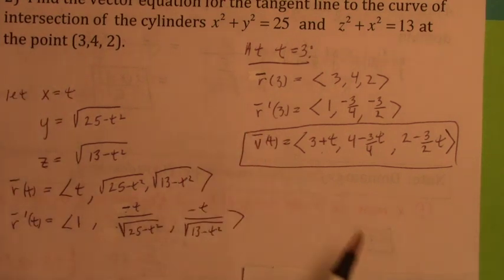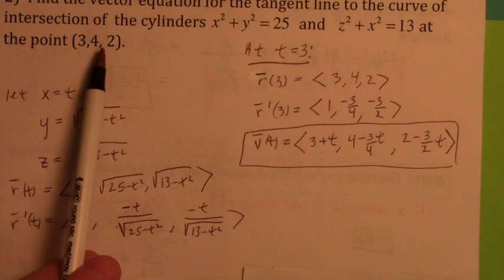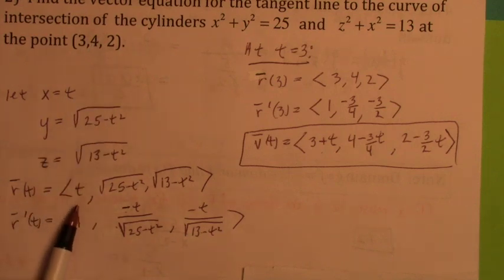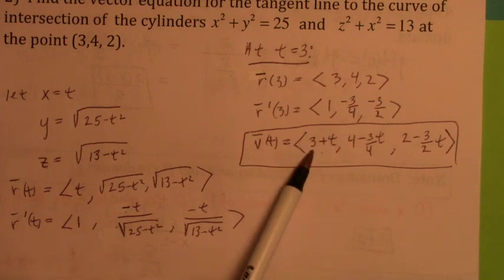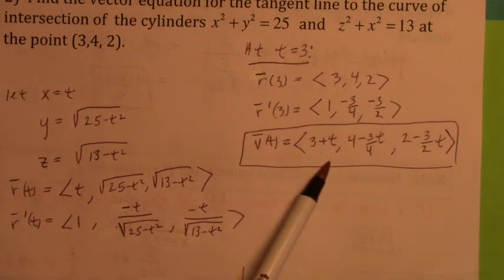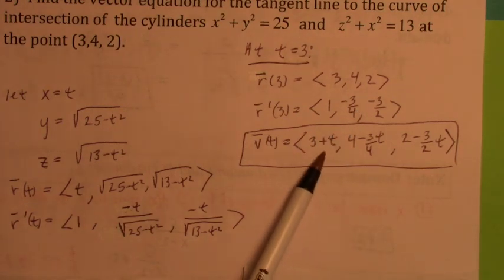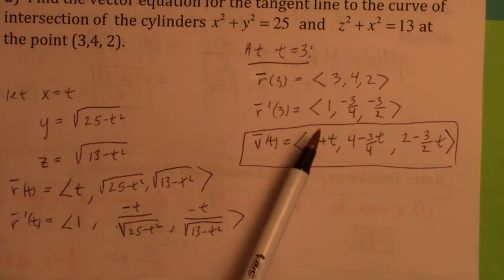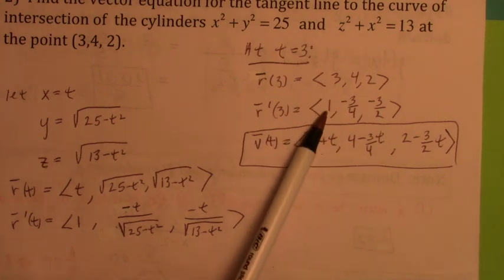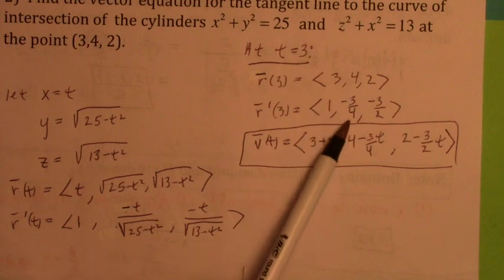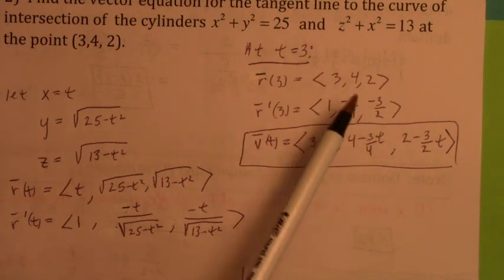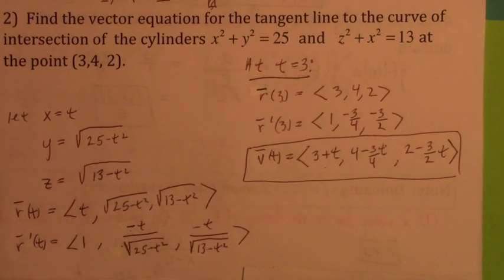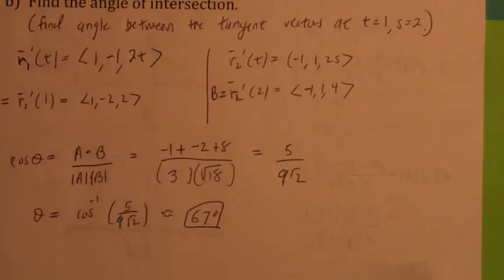So this is your point, and you plug 3 into this vector here, so you get this. Then you can find the vector function for the tangent line by using 3 plus 1t, 4 minus 3/4 t, and 2 minus 3/2 t. Pretty interesting, huh? Let's keep on going.